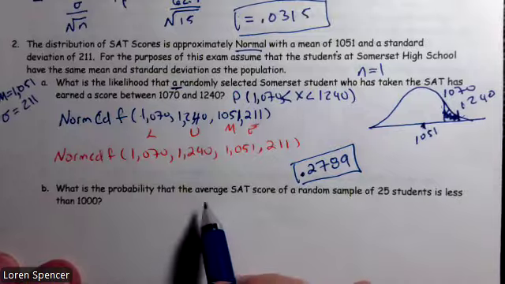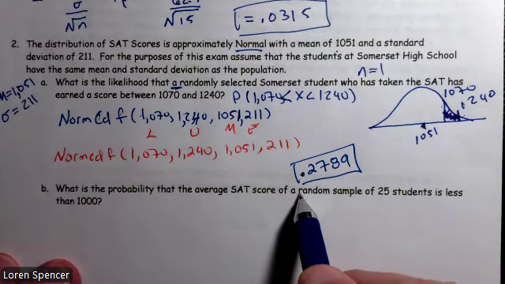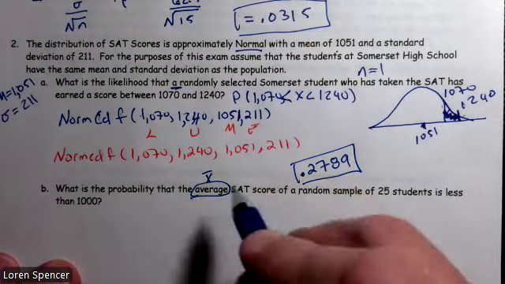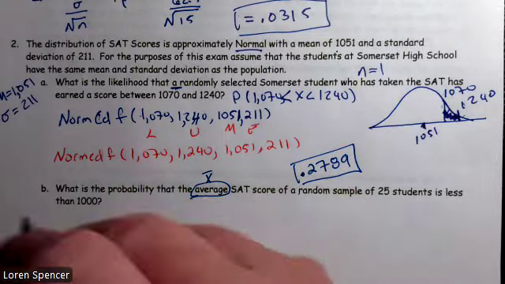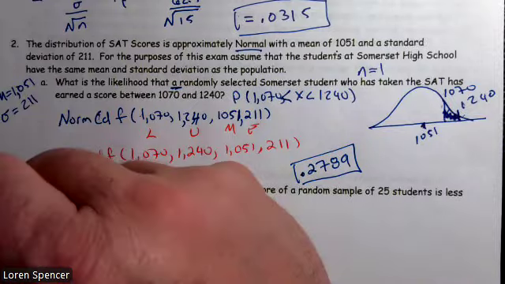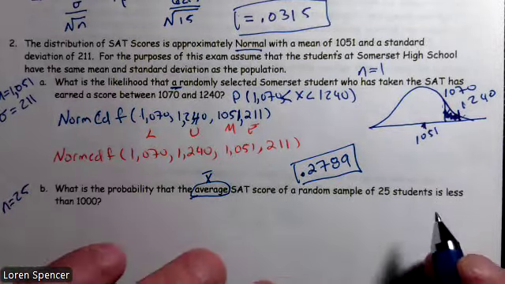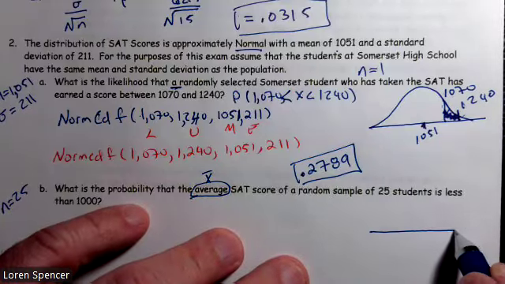What's the probability that the SAT score average, so we're looking for an X bar of a random sample of 25, so n is 25, that's going to be important, is less than 1,000? Well, let's draw our picture.